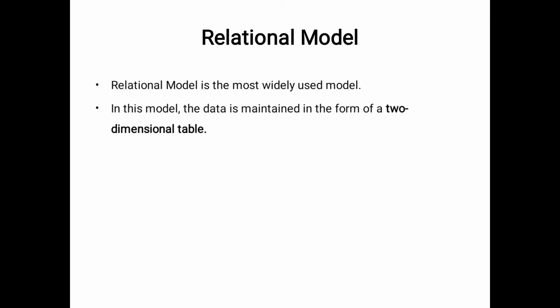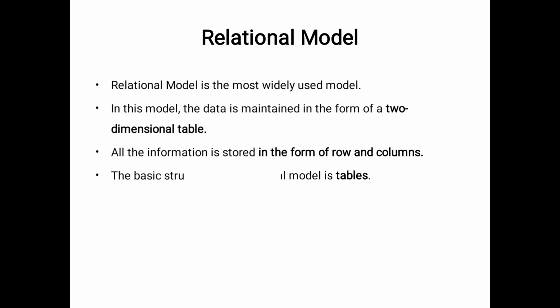In this model, the data is maintained in the form of a two-dimensional table. That means with the help of rows and columns. Here two-dimensional means rows and columns. All the information is stored in the form of rows and columns, row wise and column wise.